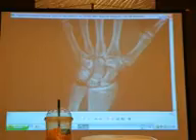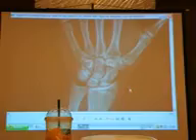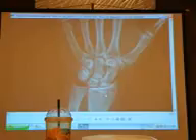And then you look at the capping and we have fusion, actually. And you look here at the capping and the fusion and you have fusion. In this boy, we almost have perfect fusion of the ulna and radius. So this patient is completely done with growth.